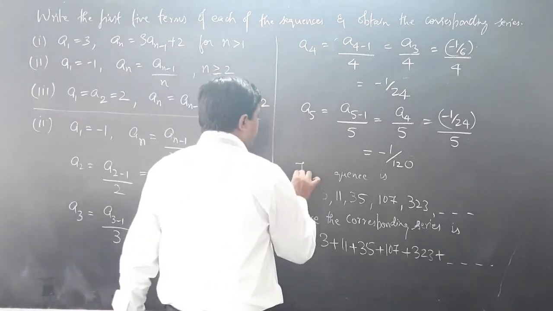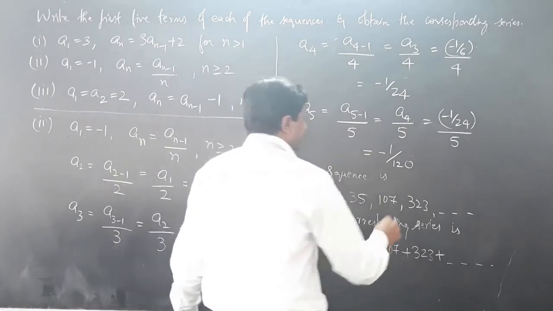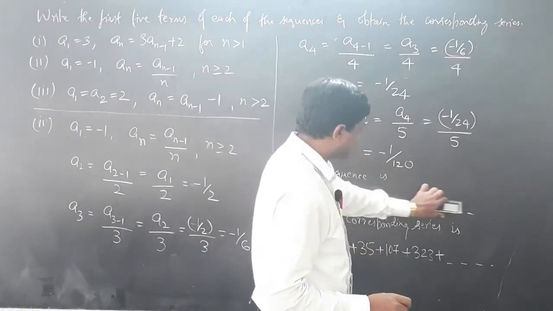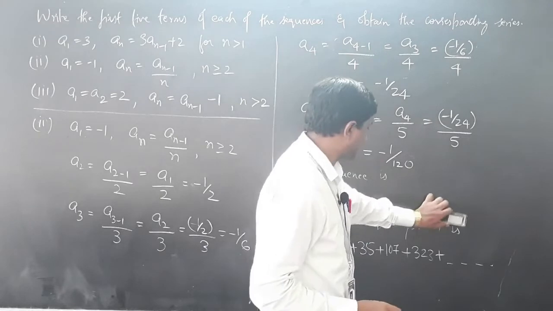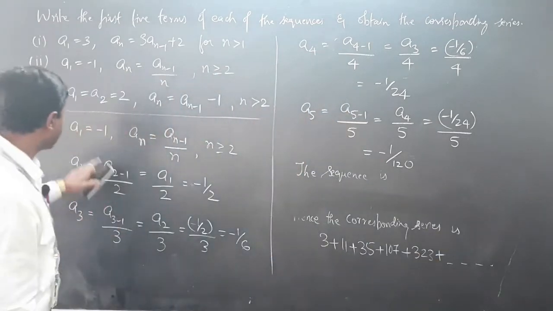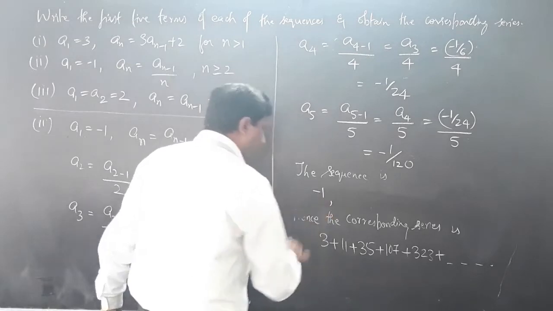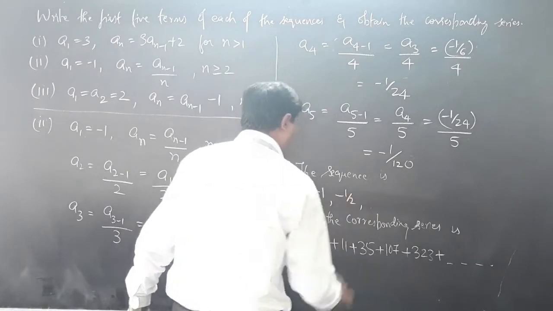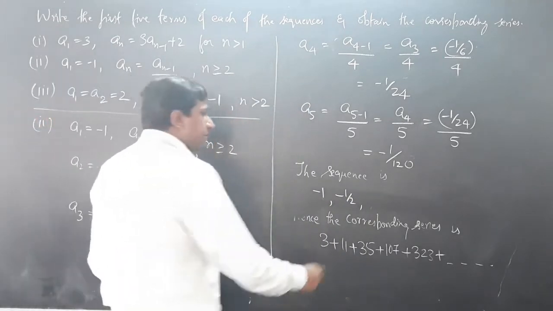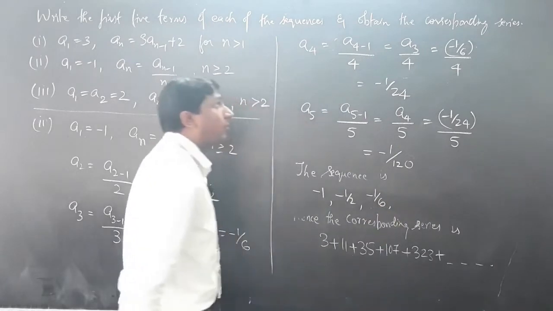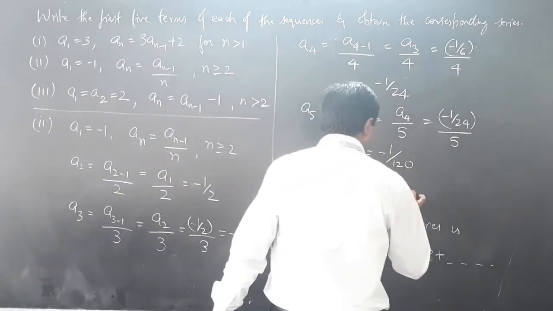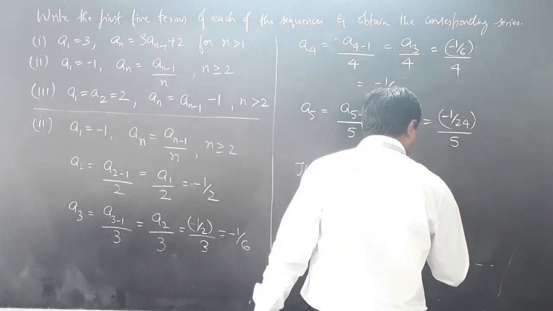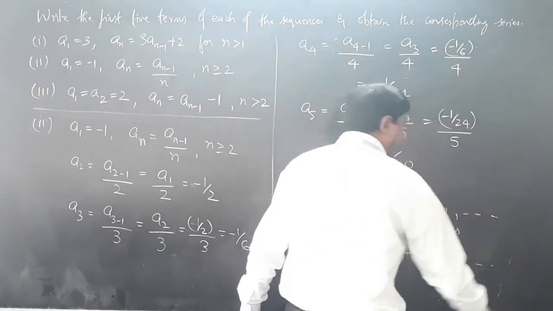Hence, what will the sequence be? The first term is minus 1, comma, second term minus 1 by 2, comma, third term minus 1 by 6, comma, fourth term minus 1 by 24, comma, fifth term minus 1 by 120, comma, and so on.